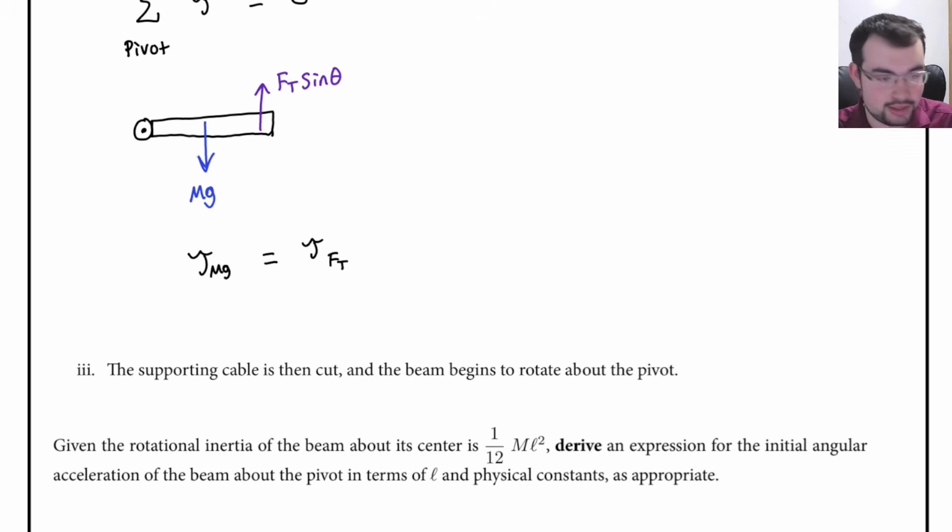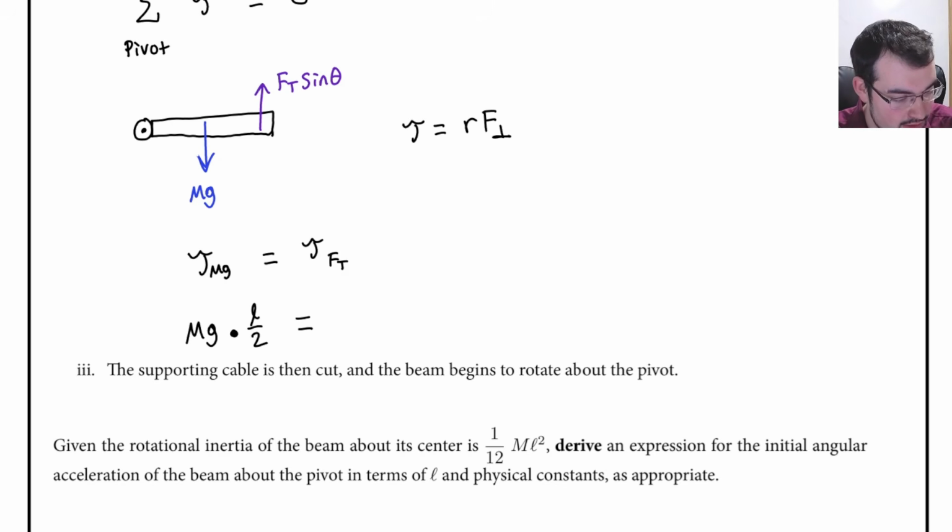And torque is again r perpendicular times F. Or in this case, I'm going to say r times F perpendicular, because we know the component of the force perpendicular. So all of mg is going to assist in rotating the beam. And mg is located directly at the center of the beam, so that's L over 2.